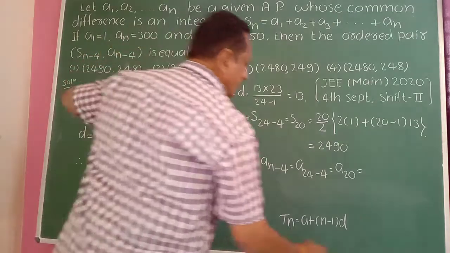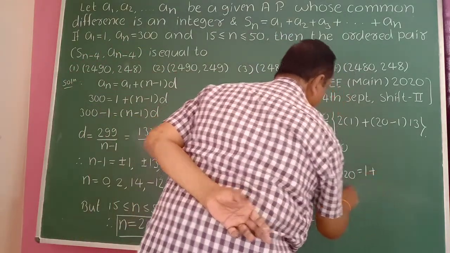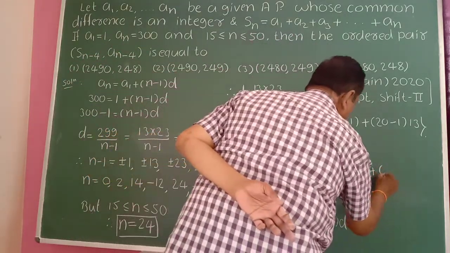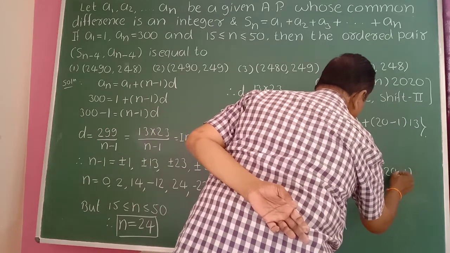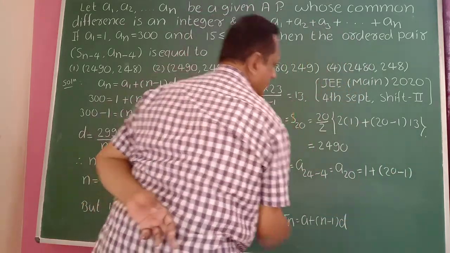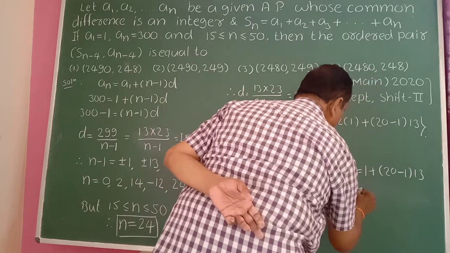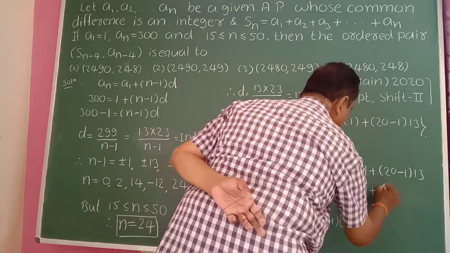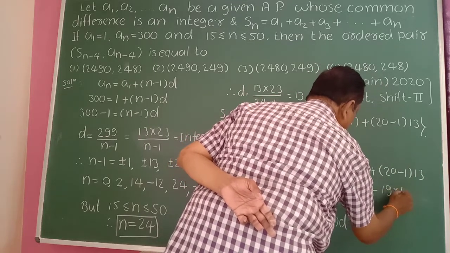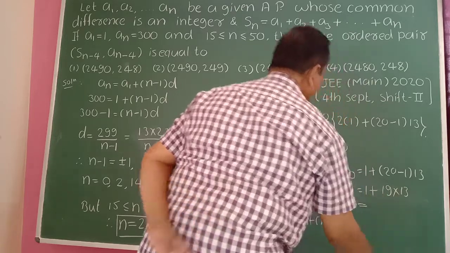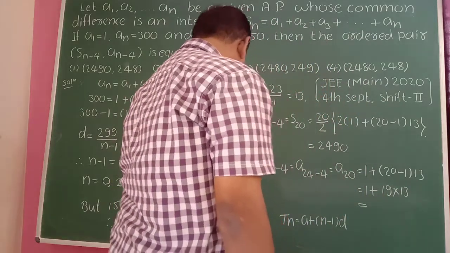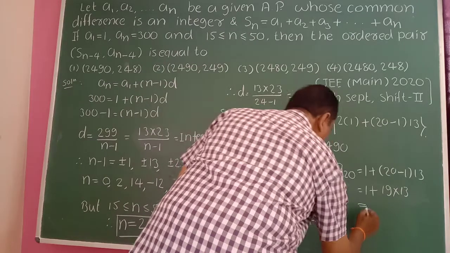So write here 1. Then plus, and n becomes 20 here. 20 minus 1. And the d value is this 13. So write here 13. 1 plus 20 minus 1 is 19 into 13. That is equal to, so simplify we get 248 here.